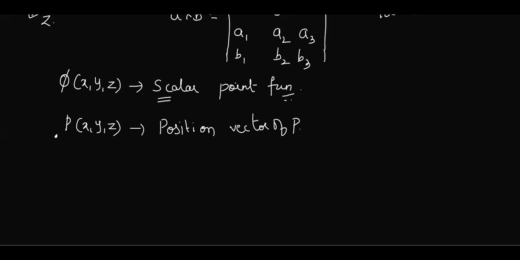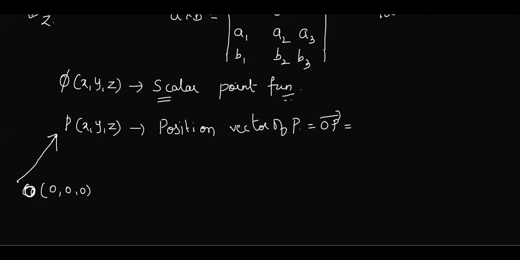Now take one fixed point and call it O. It acts like an origin, for three-dimensional the coordinates are 0, 0, 0. Join O and P, so that we have OP. The position vector of P is nothing but OP. I'm saying it is a vector, so what should be present?